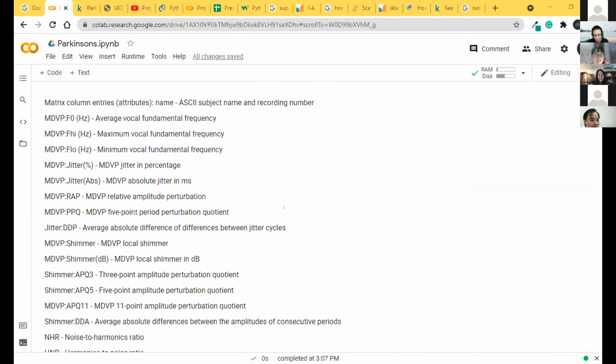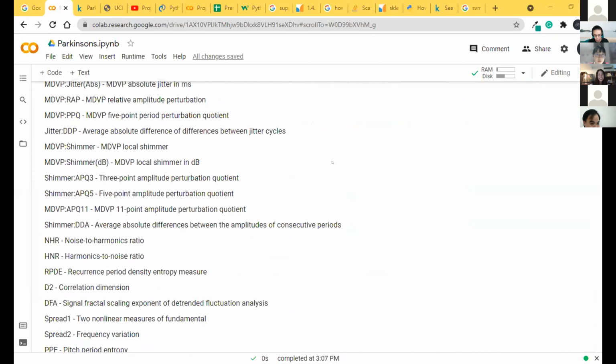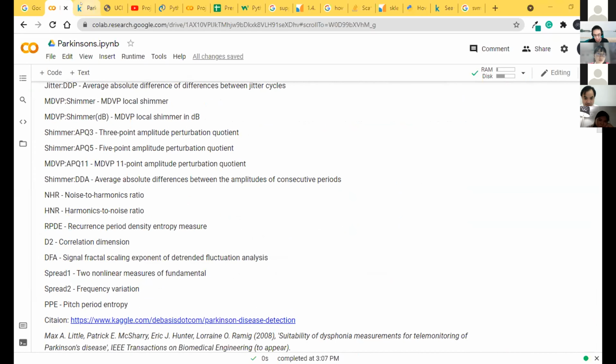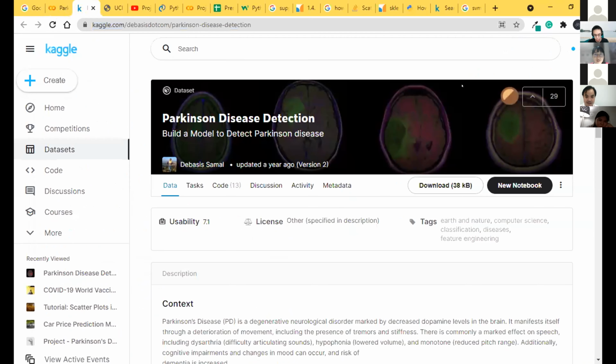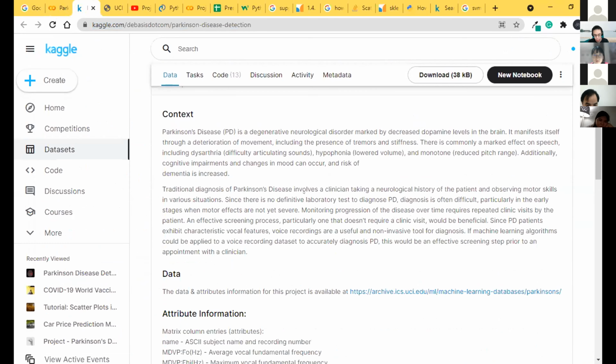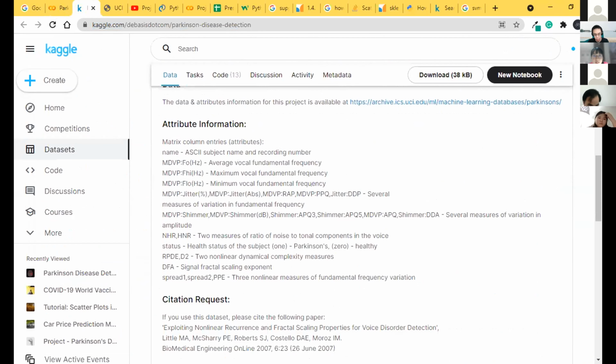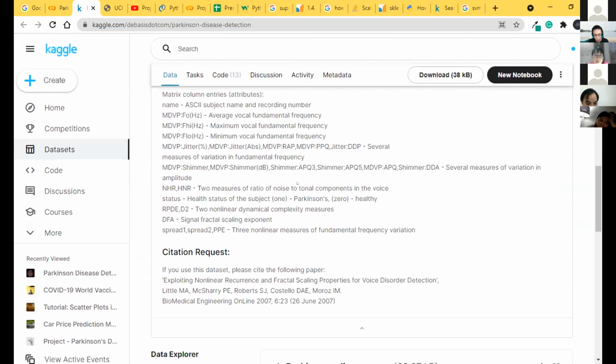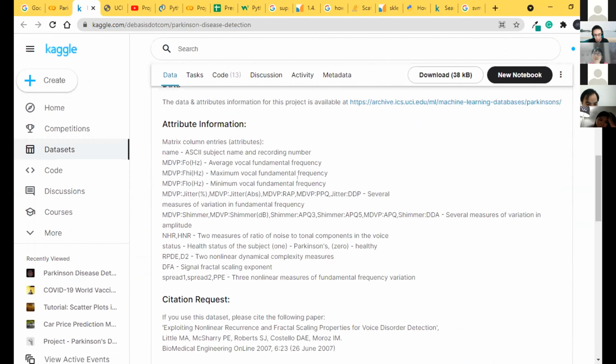Parkinson. Yes. Oh, good. So at first I have to give a reference to the Kaggle. This one is the Parkinson disease detection. Very good. The data is collected from people who have Parkinson disease and people who don't.